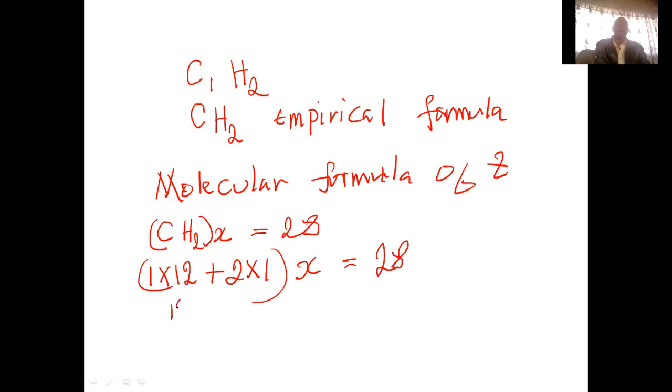And so we have 12 plus 2, which is 14, multiplied by x, is equal to 28.